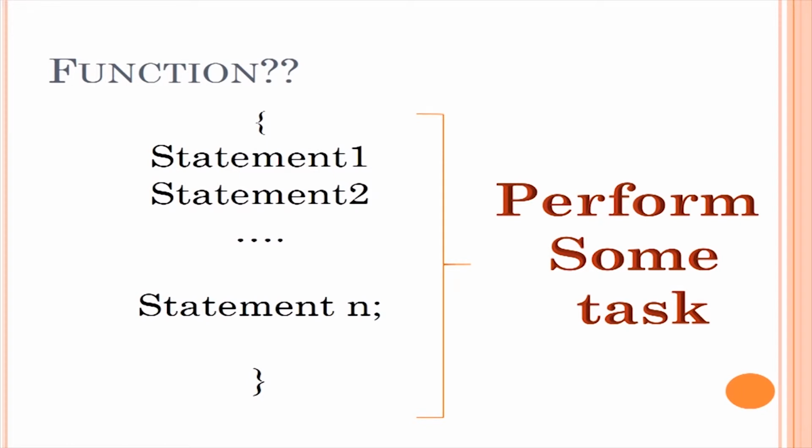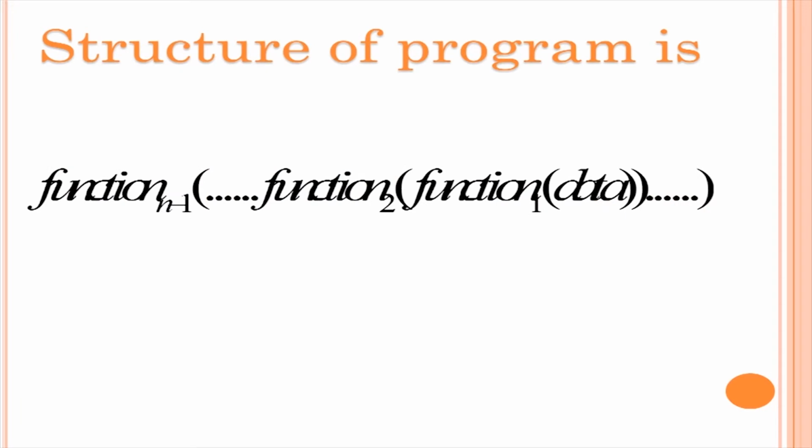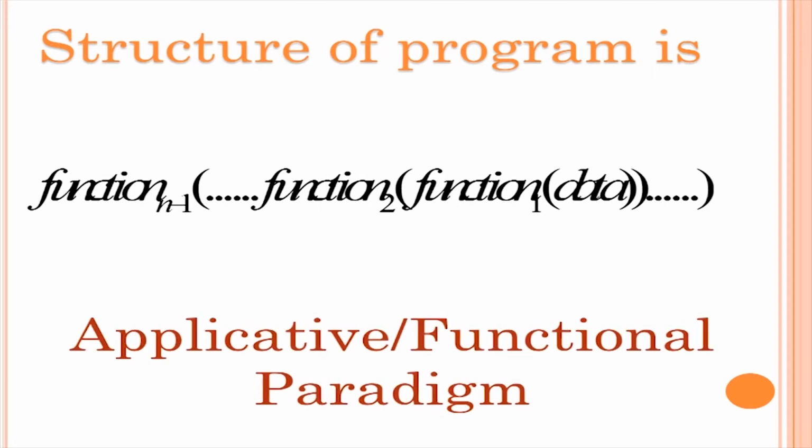There may be more than one function in one program. So, what is the paradigm of these types of programs? These types of programs have the applicative or functional paradigm. Hence, programs that focus on values and expressions using functions are called applicative or functional paradigms.